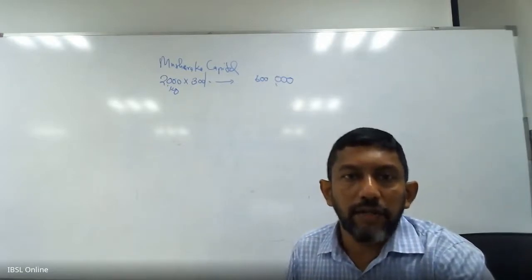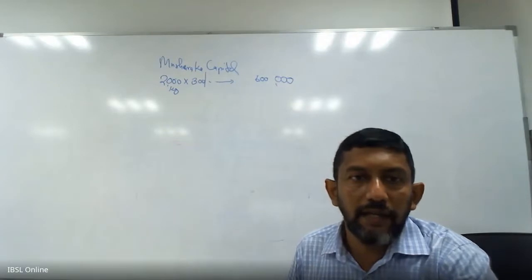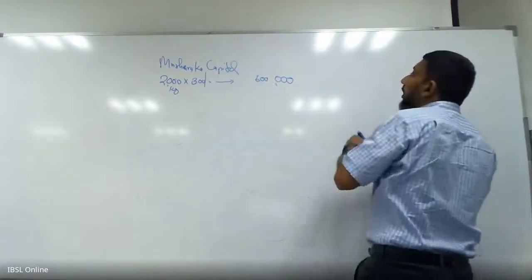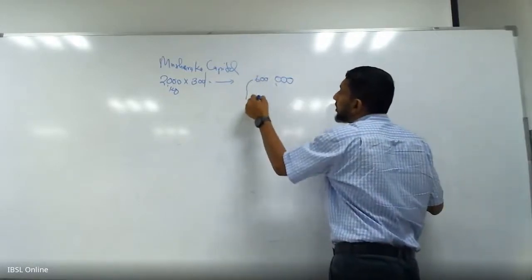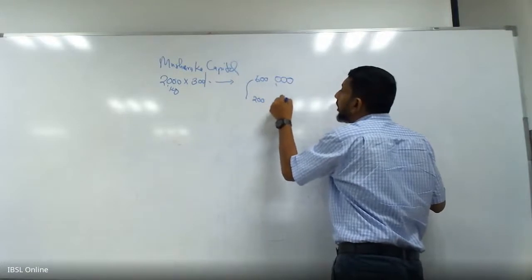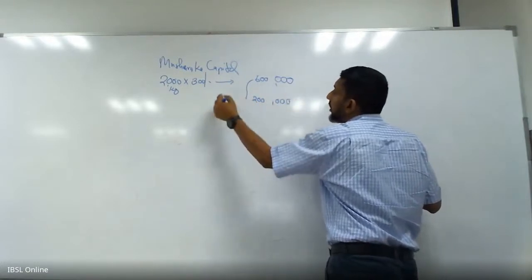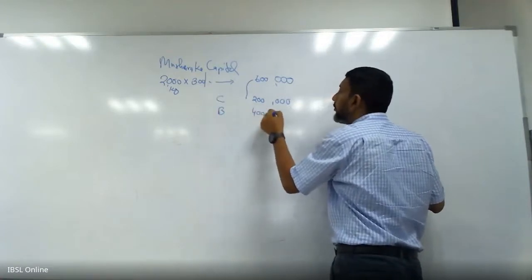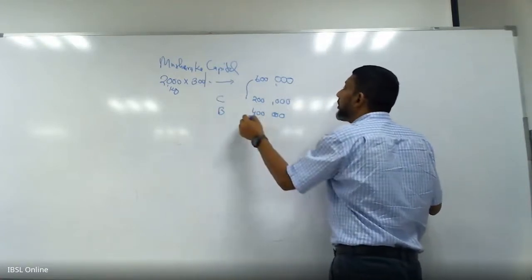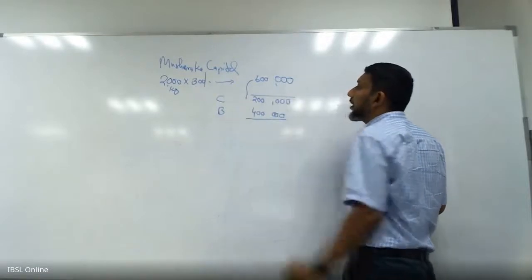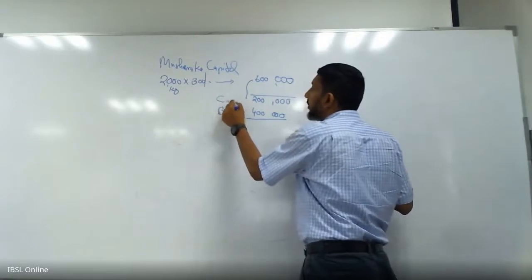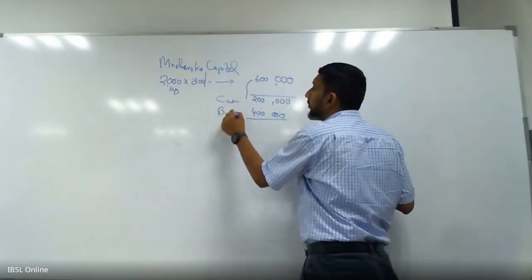Out of this 600,000, the customer has 200,000 rupees. So this is the customer's capital and he is expecting the bank to infuse 400,000 rupees. That's the capital split: customer, bank.